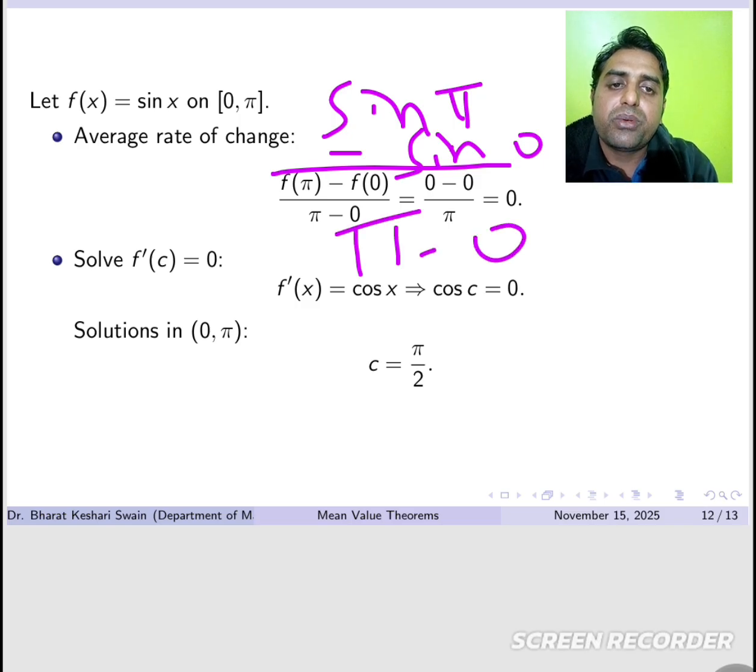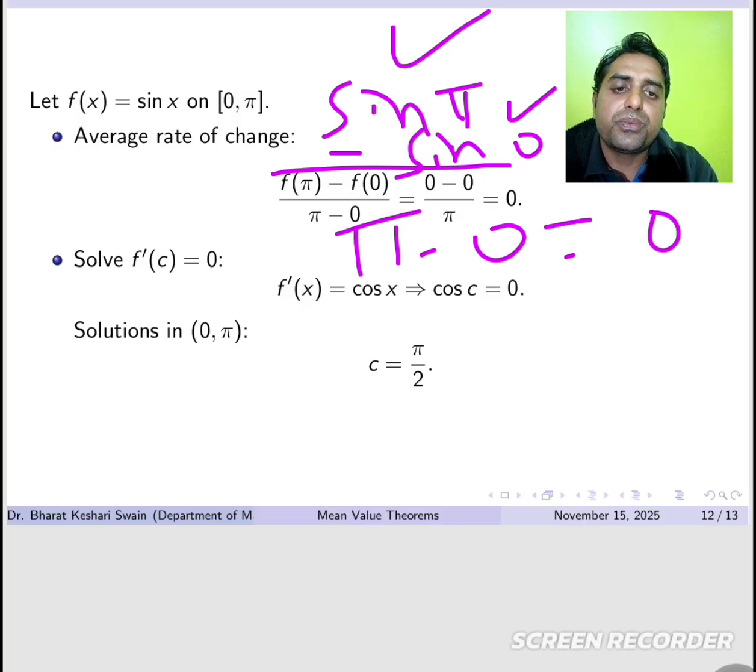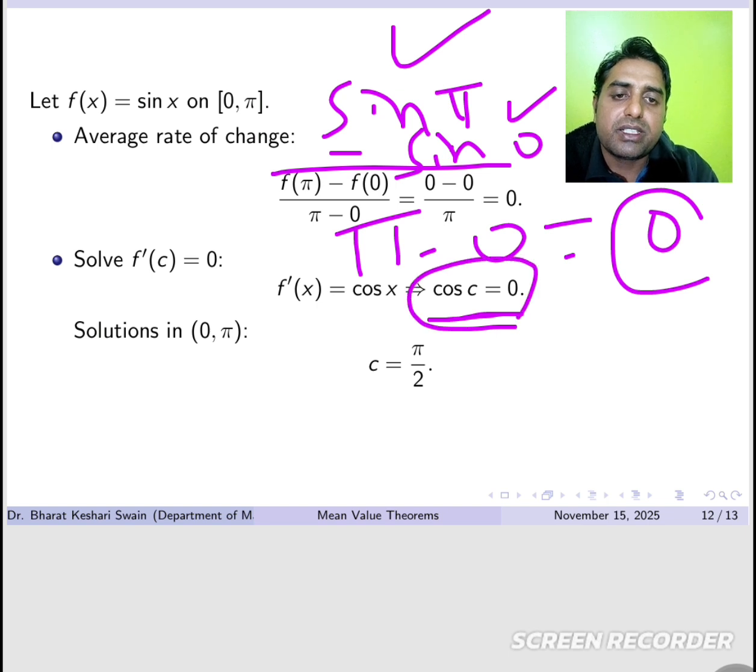We know that sin pi is 0 and sin 0 is 0, so the numerator will be 0, and the final answer is 0. So your right hand side is 0, and f dash c, that means cos c, is equal to 0, and c is equal to pi by 2.